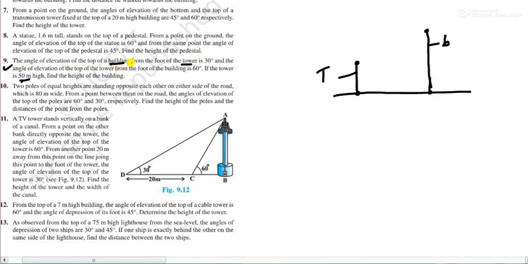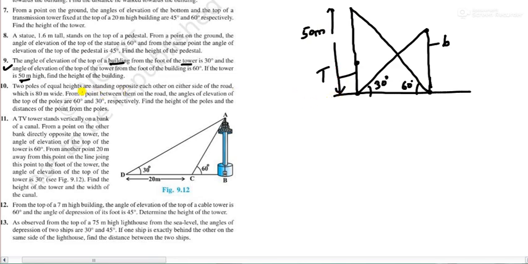The angle of elevation of the top of the building from the foot of the tower is 30 degrees. The angle of elevation of the top of the tower from the foot of the building is 60 degrees. 60 means this will be at a higher place, only then the angle will be more. If the tower is 50 meters high, this is the height of the tower. Find the height of the building, which means you have to find this height. I hope you have understood the question.